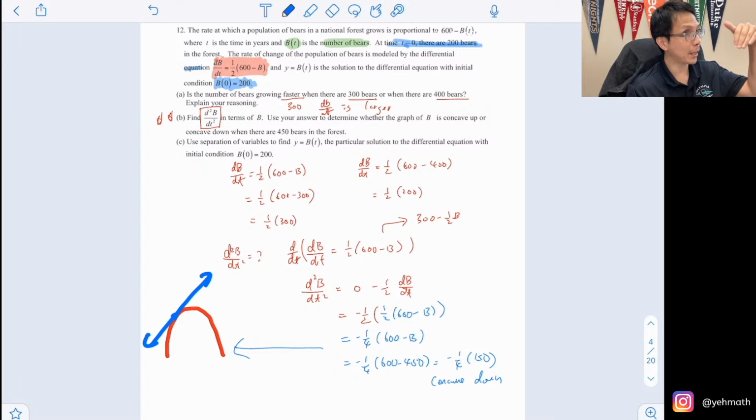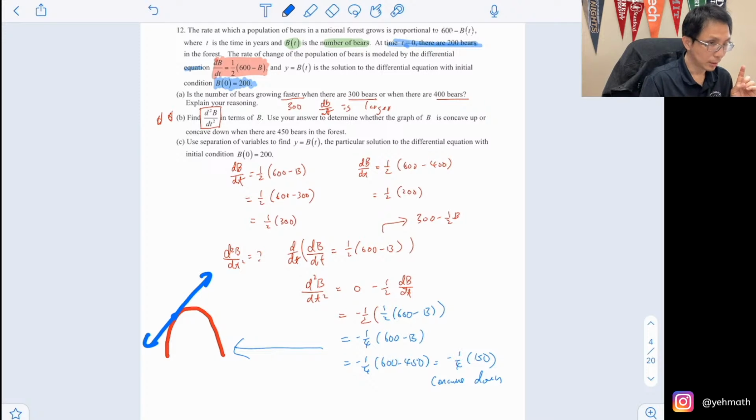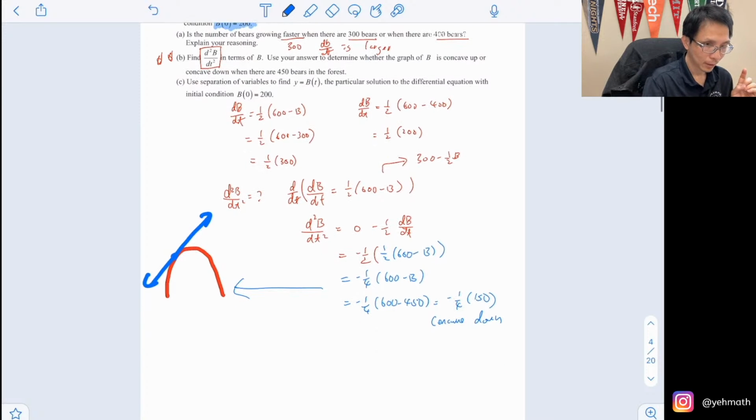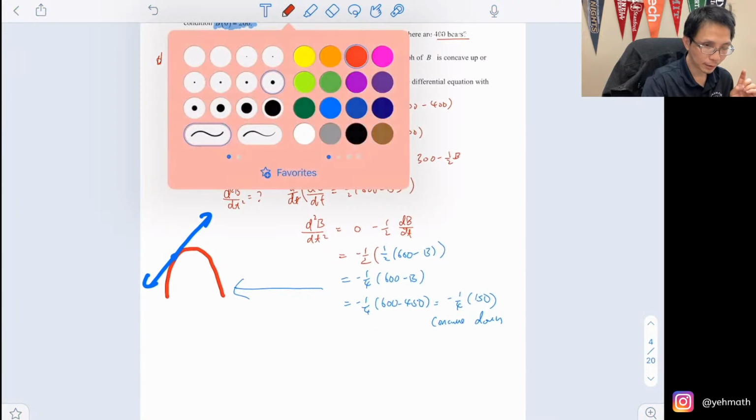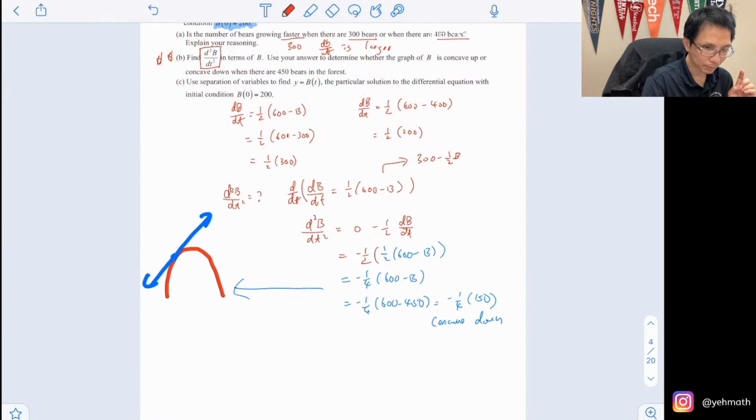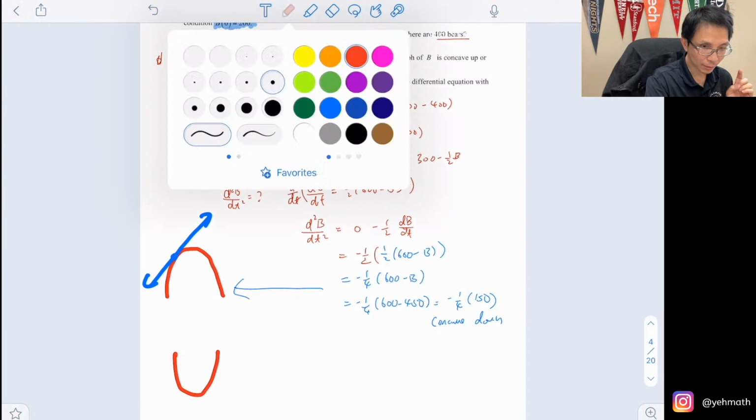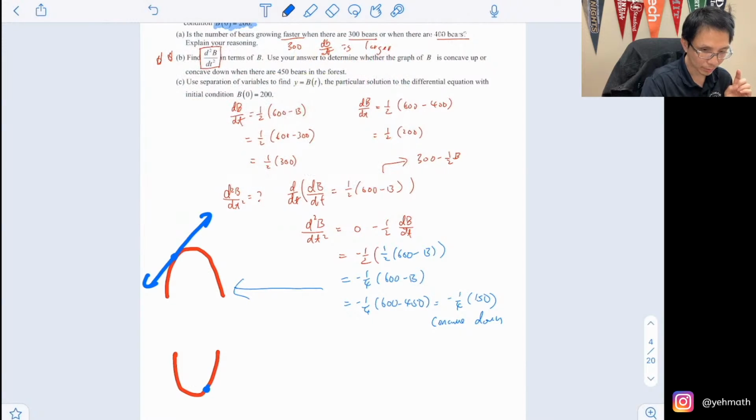If you have a concave down, your tangent line approximation near that point is always going to be above. Does that make sense? Now, if it's concave up, what will happen? Your tangent line approximation is always what? Underestimate. Do you see that?